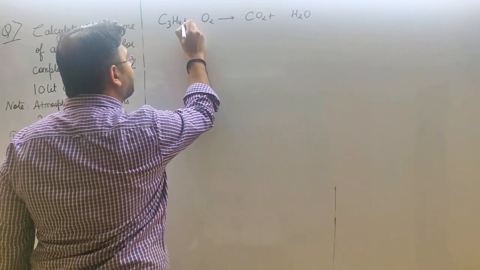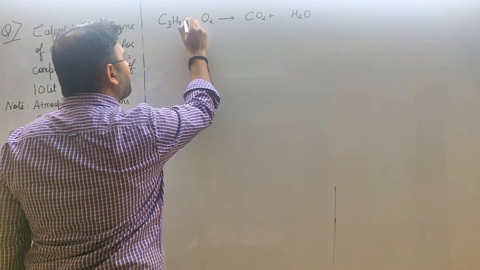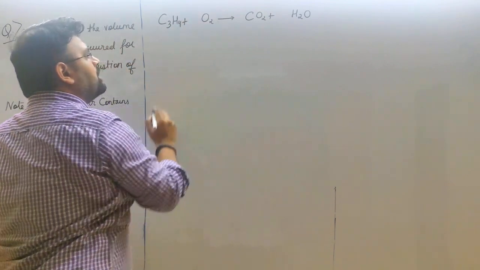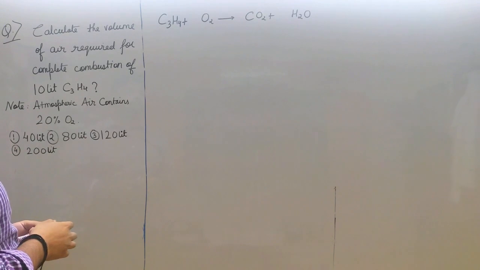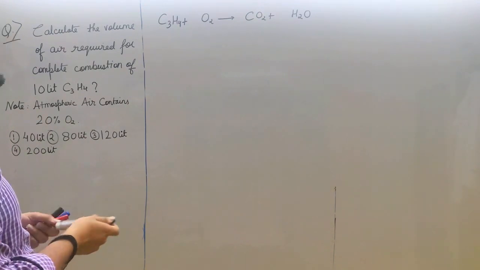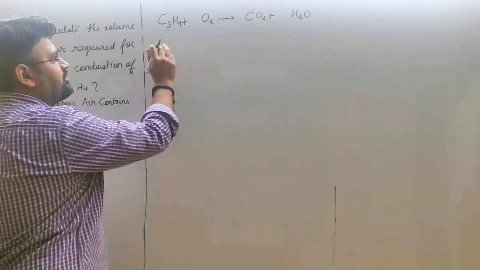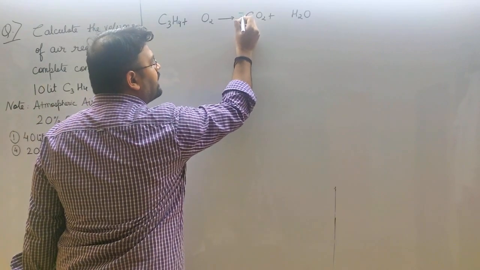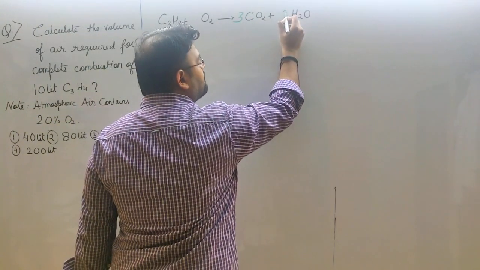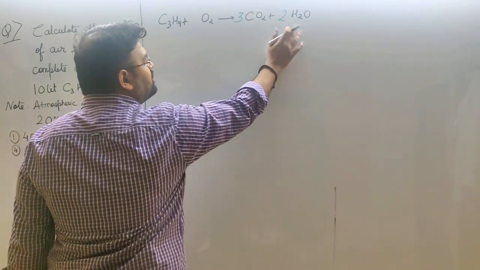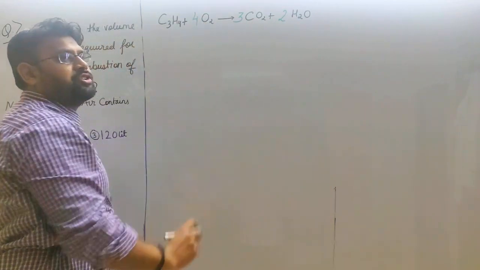Next, we have to balance this reaction. We have 3 carbons, so we make it 3 CO2 on the right hand side. Hydrogen is 4, so make it 2 H2O: 3 times 2 is 6, and 2 makes 8, so 4 oxygen molecules.